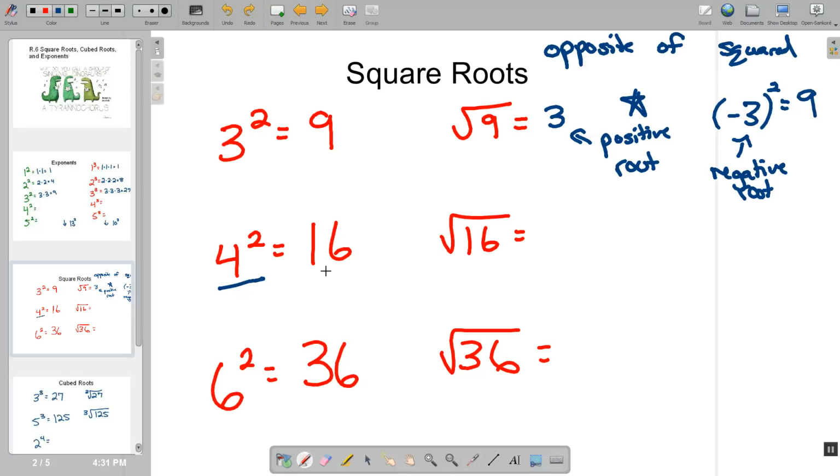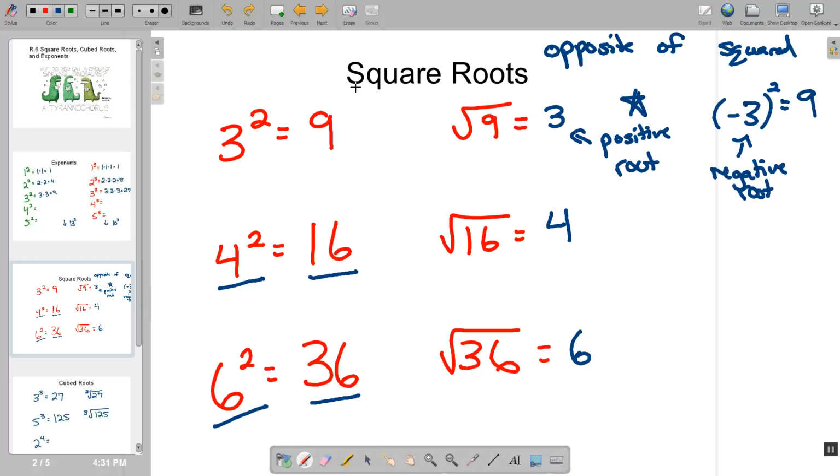If 4 squared is equal to 16, the square root of 16 better be 4. And if 6 squared is equal to 36, the square root of 36 better be 6, because 6 squared is equal to the base of the square root. So if you are good at exponents, you are usually good at square roots as well.